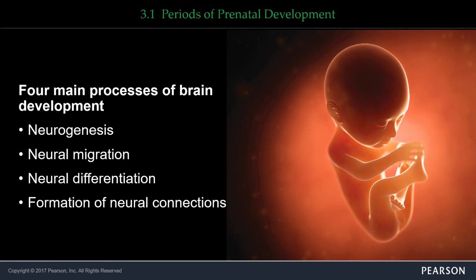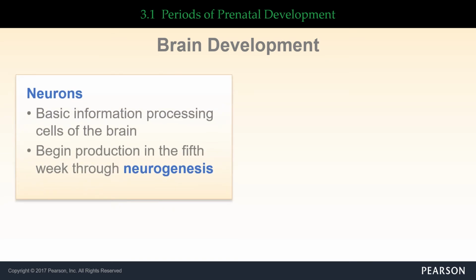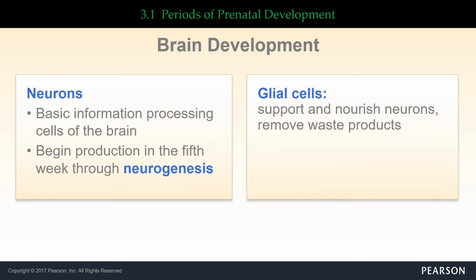There are 4 main processes of brain development. There's neurogenesis, there's neural migration, there's neural differentiation, and there's formation of neural connections. So neurons are the basic information processing cells of the brain.